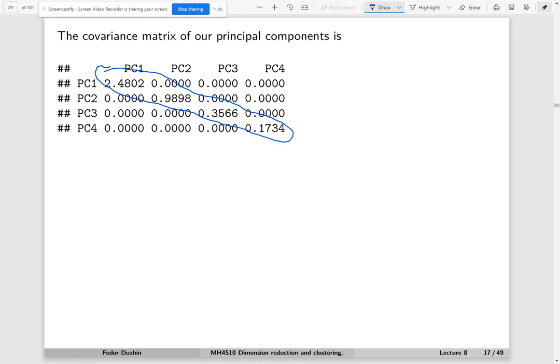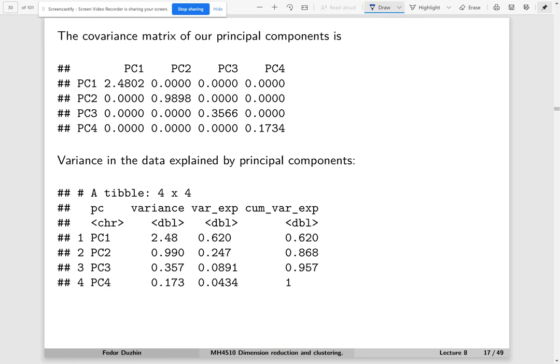Recall that the first principal component was constructed to explain as much variance in the whole data as possible. Whatever remains, the second principal component is going to explain as much remaining variance as possible. The third principal component is going to explain as much remaining variance after the first two as possible, and so on.